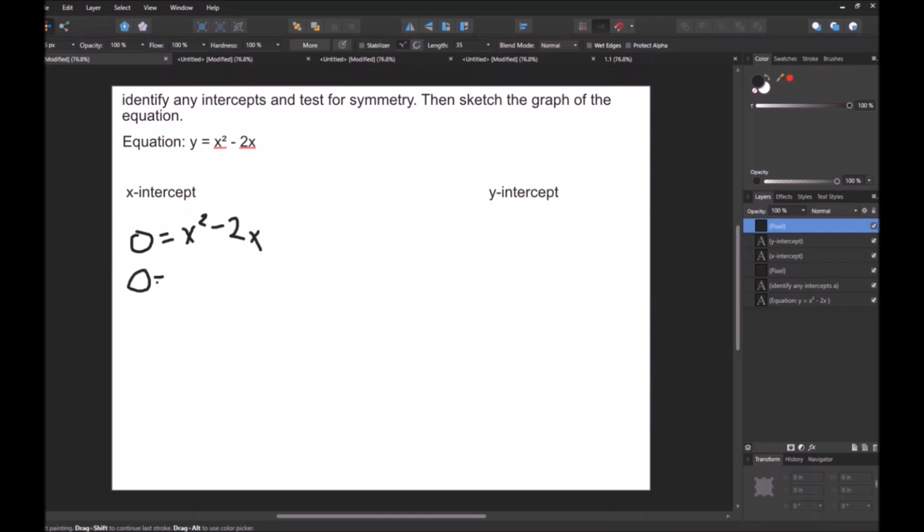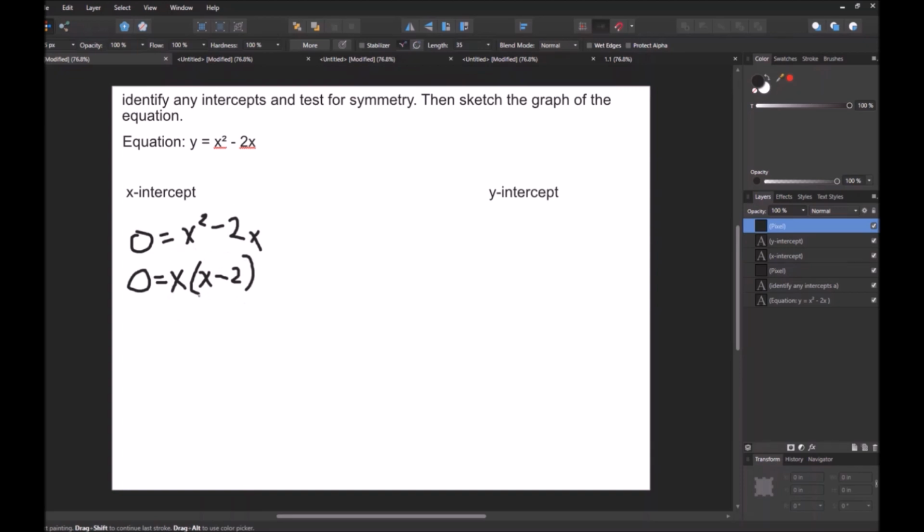So if we factor out an x, our equation is going to look like 0 equals x times x minus 2. And these two things are exactly equivalent, because if you distribute the x, you get x squared minus 2x, which is the exact same thing.